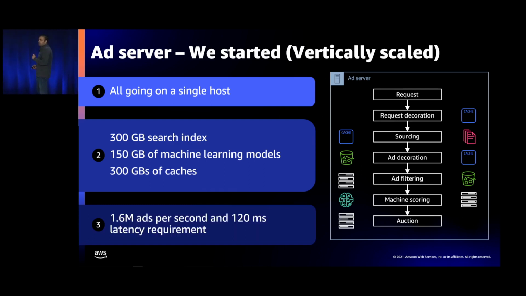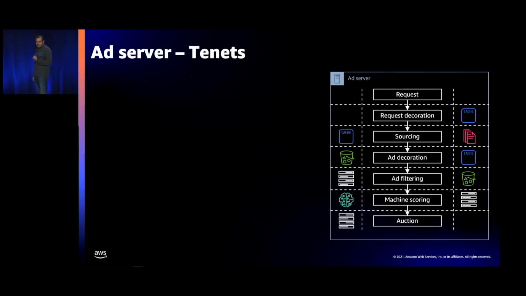Back in 2018, we were processing about 1.6 million ads per second. For each request, we were sourcing about 400 ads, and we had to process within a 120 millisecond budget. I'll continue on, but this budget will not change. We will continue with the scale. This 120 milliseconds will not go anywhere else.